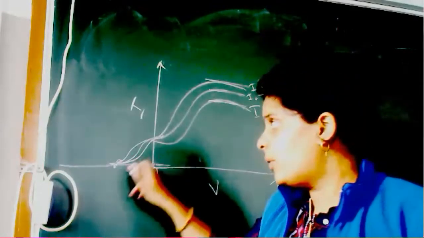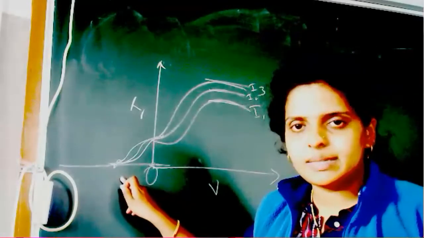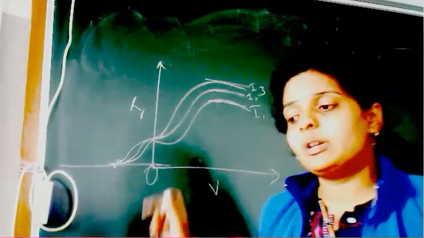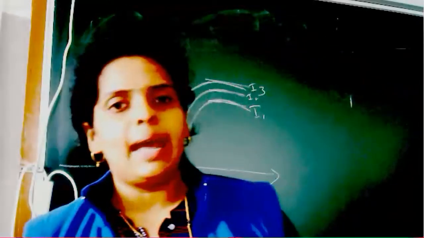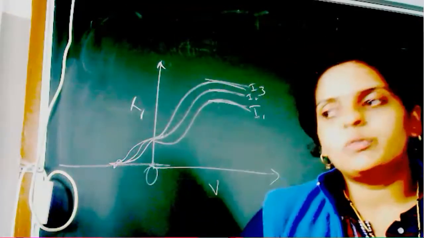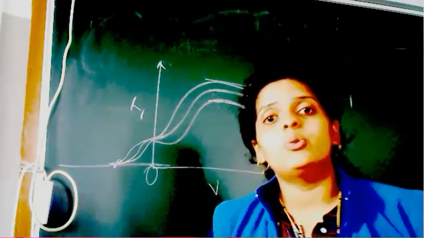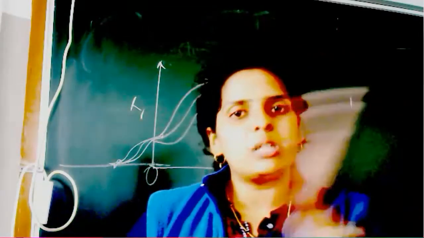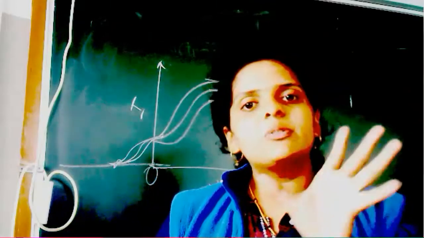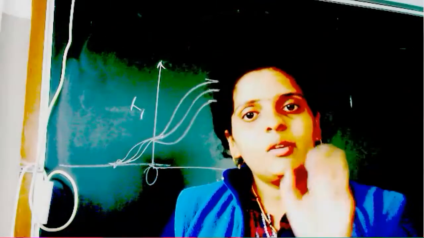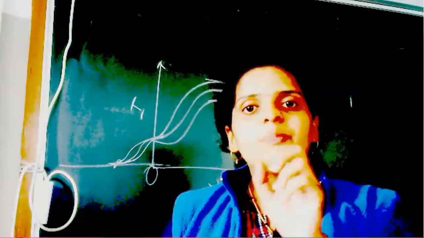Here they may ask you why it becomes zero. Because during negative potential of the anode, the electrons don't have the capacity to reach the cathode plate. That means their kinetic energy decreases when you are giving it a negative potential. When the kinetic energy reduces, the electrons do not have energy to move from the anode plate to the cathode plate.